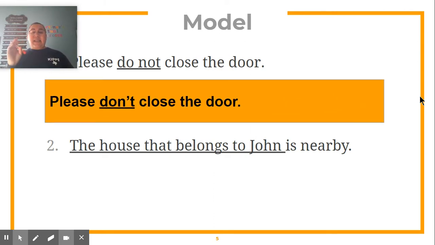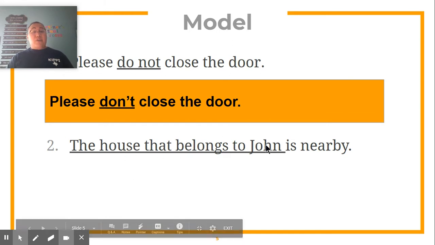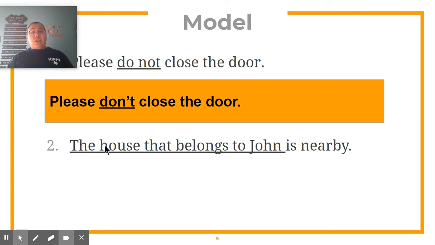In possessive sentences, you're going to rewrite the sentence by showing the possessive in the sentence. So this says, the house that belongs to John is nearby. So what is my noun in the sentence? It's John and house. But the house belongs to who? John. So how can I rewrite the sentence to show that the house belongs to John?